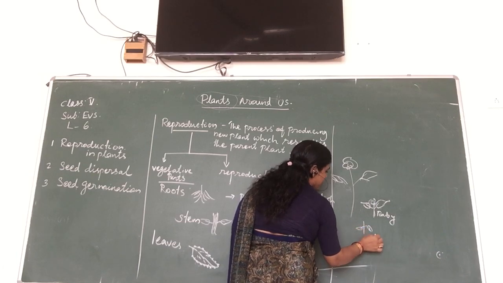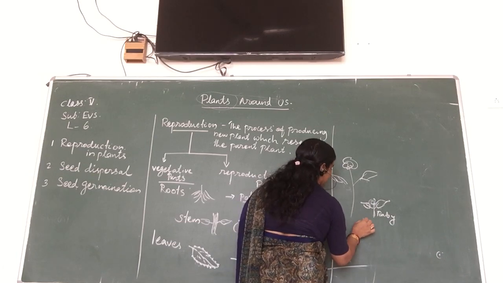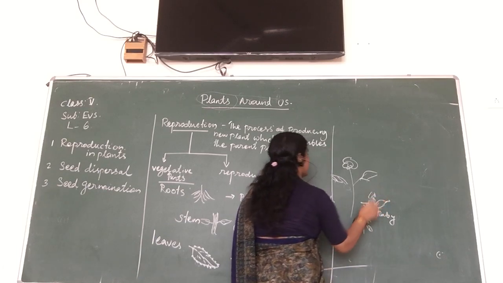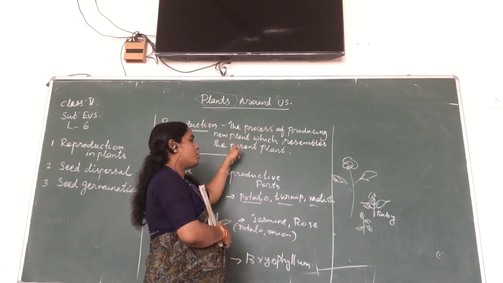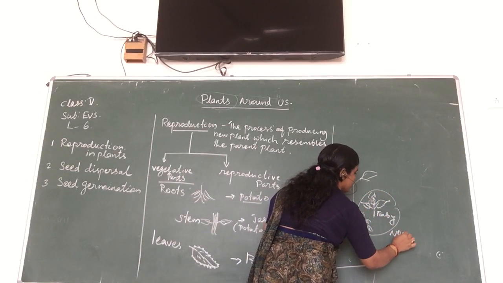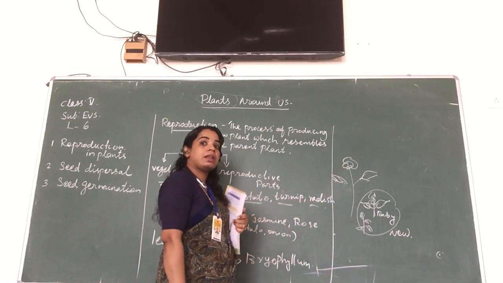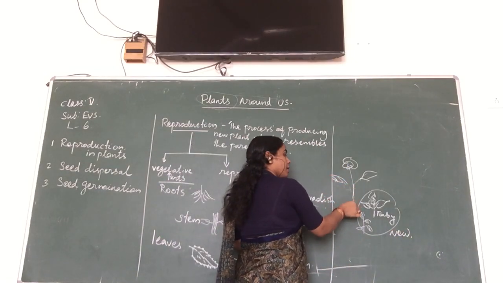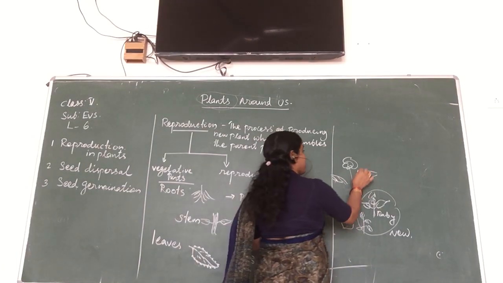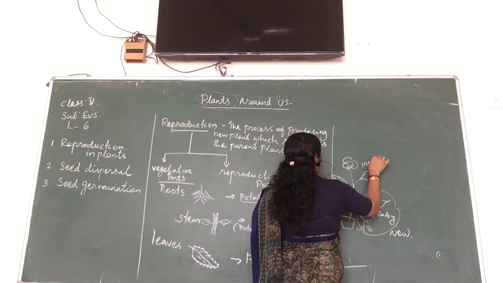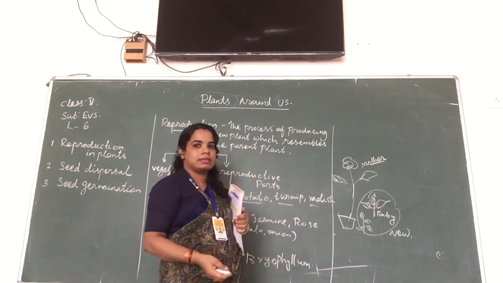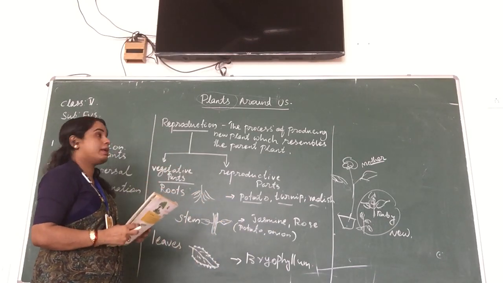That is reproduction: the process of producing a new plant. This is a new plant, produced from the parent plant, the mother plant. When a new plant comes from the parent plant, that is known as reproduction.